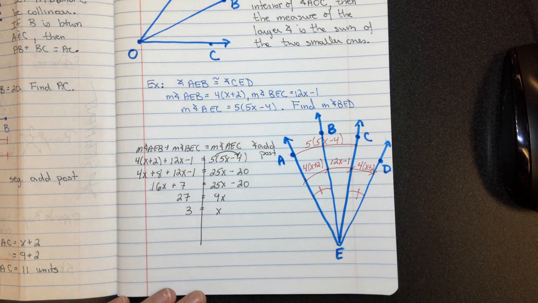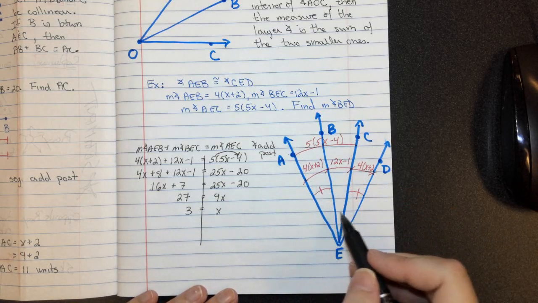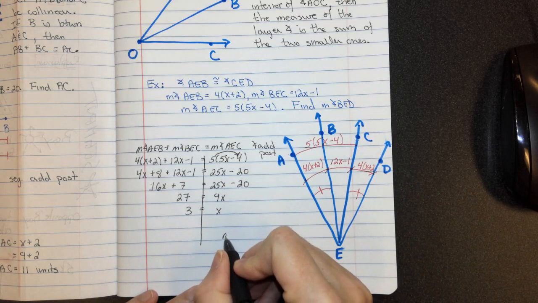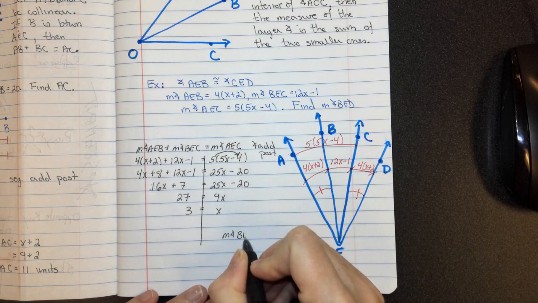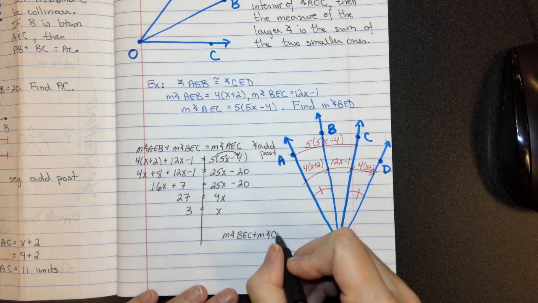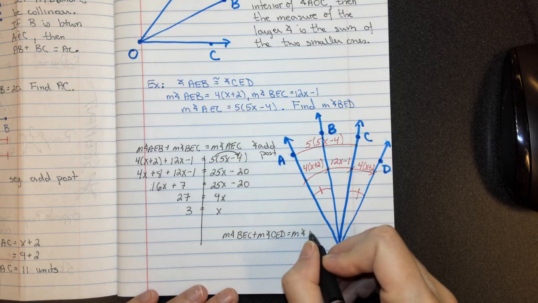So now I plug back in to each of these things to find this portion, BED. So I have the measure of angle BEC plus the measure of angle CED is equal to the measure of angle BED.